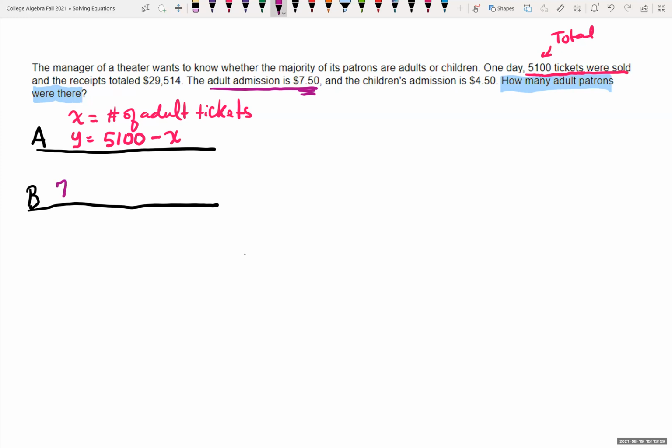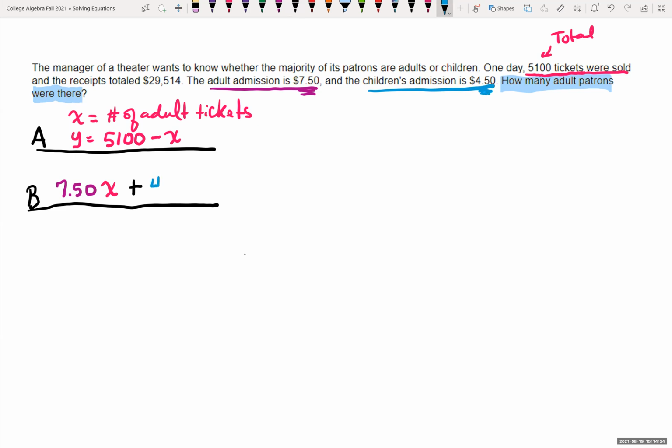So if I do $7.50 times the number of adult tickets sold, which we let be X, that would give me just the income on the adult tickets. Plus I need to put in here the income that we made on the children's tickets. Children's admission is $4.50.